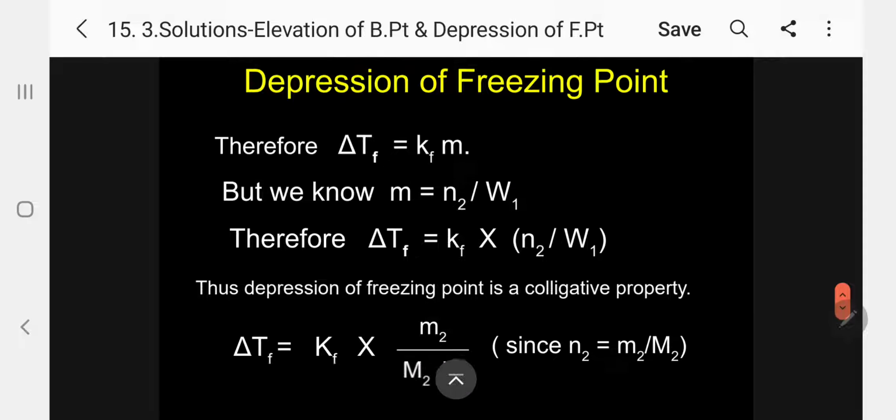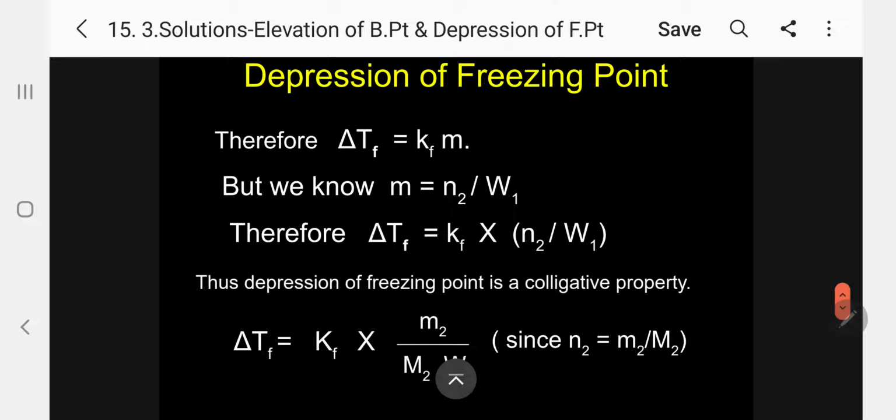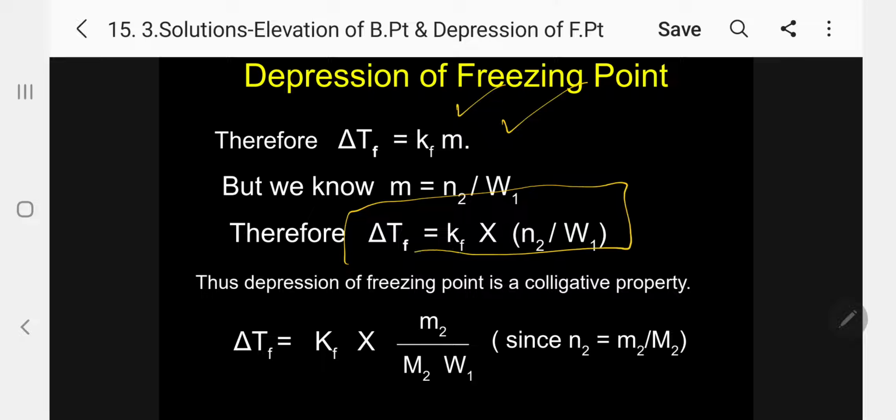Kindly follow. As in the case of elevation of boiling point, we proceed by the same method. Delta Tf is equal to Kf into m. Substituting m equal to n2 by W1, delta Tf is equal to Kf into n2 by W1. That means delta Tf depends on the number of particles.